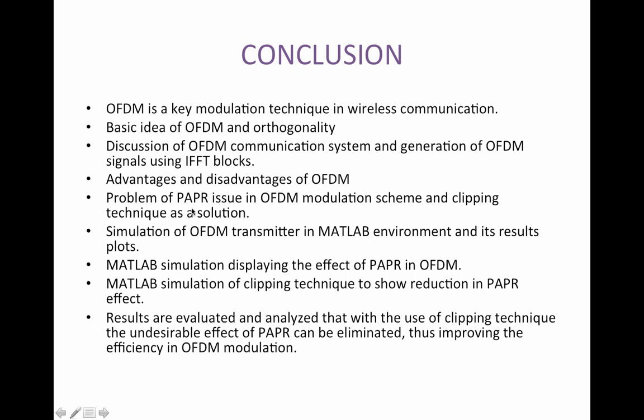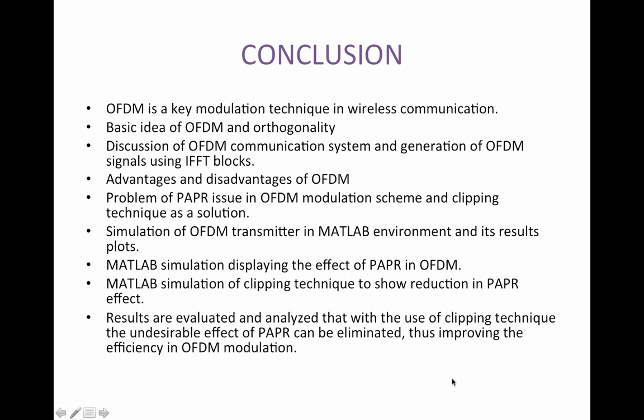The biggest issue of OFDM signals is the PAPR problem, which is a power issue, and this is a big issue in OFDM modulation, and we can solve this issue by using the clipping technique. Then I moved on to simulation of the OFDM transmitter in the MATLAB environment, and then I showed the results. Then I showed the MATLAB simulation, which displays the effect of the PAPR in OFDM, and also the effect of the clipping technique to reduce the PAPR.